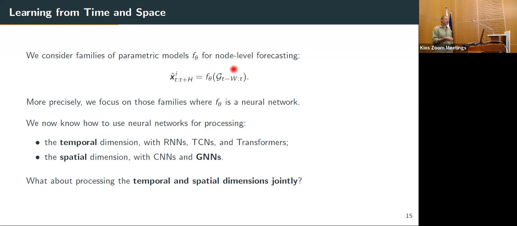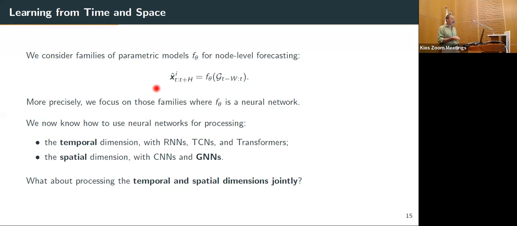So the idea is that we are very much interested in this framework to predict the next values of the time series. They are multivariate, and we want to know what is going to happen in the future, given the fact that we know the topology. That is very important. So the next values, what is going to happen tomorrow, with a forecast, whatever.